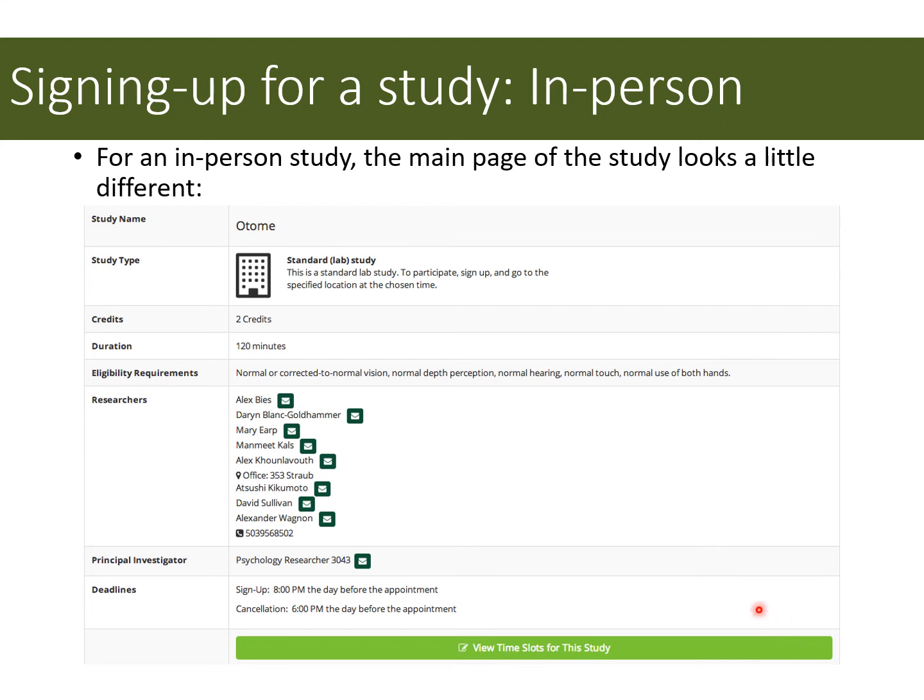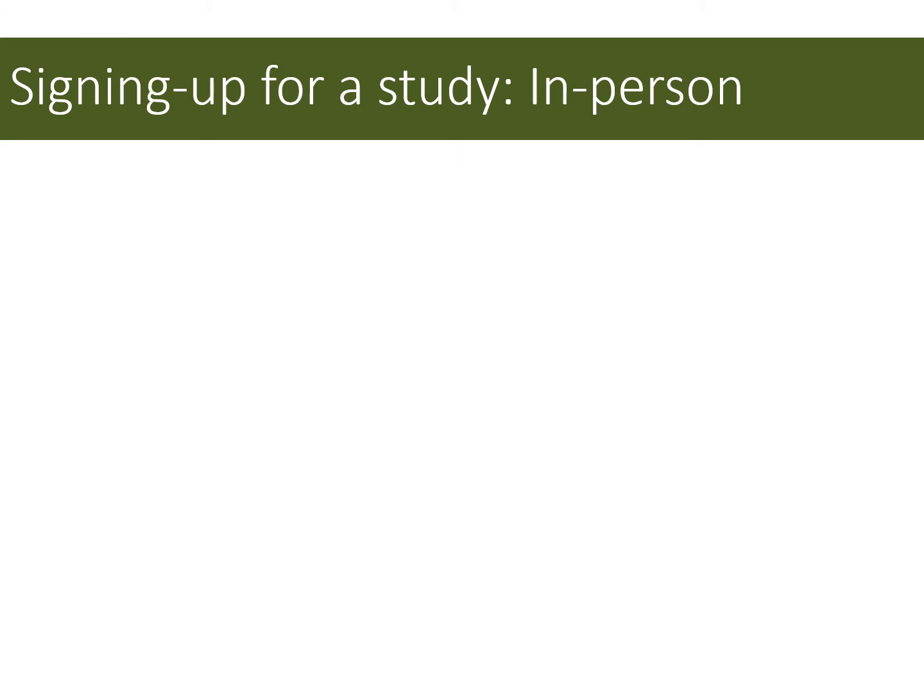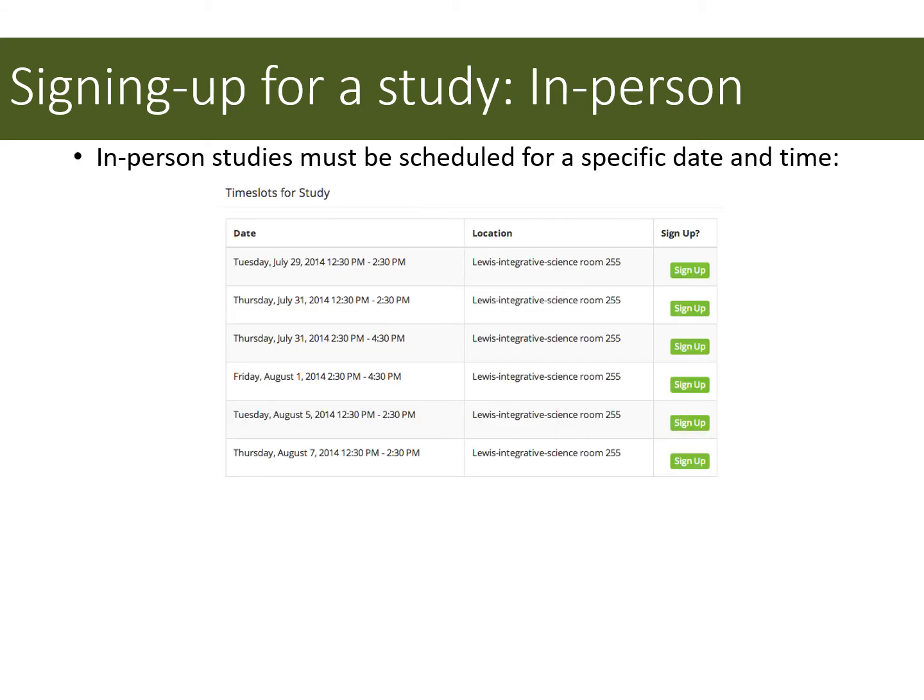If you do want to participate in an in-person study, you can click on the View Time Slots for this study green button at the bottom of the sign-up screen, just like you did for an online study. As I mentioned before, in-person studies sign up for a specific date and time.